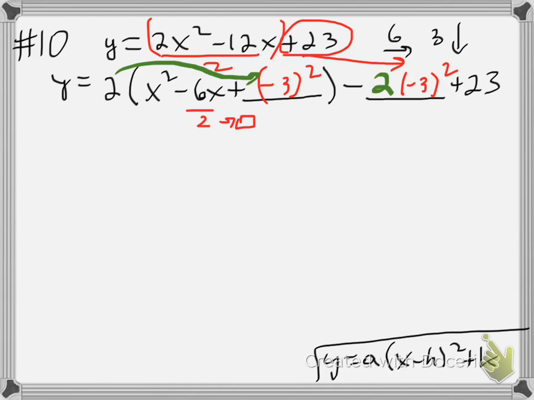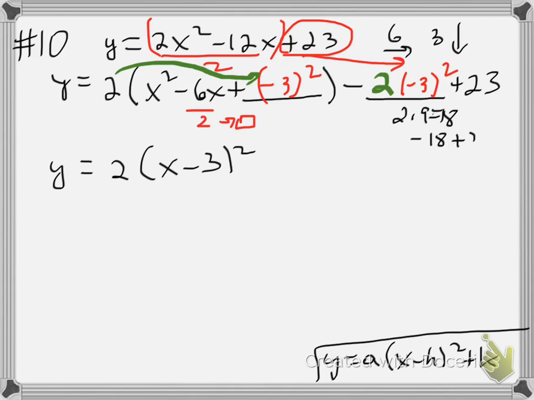Then we get y equals 2 times x minus 3 all squared, and then this turns out to be 2 times 9, which is 18. So we got negative 18 plus 23, and that looks like positive 5. So we have positive 5 here.